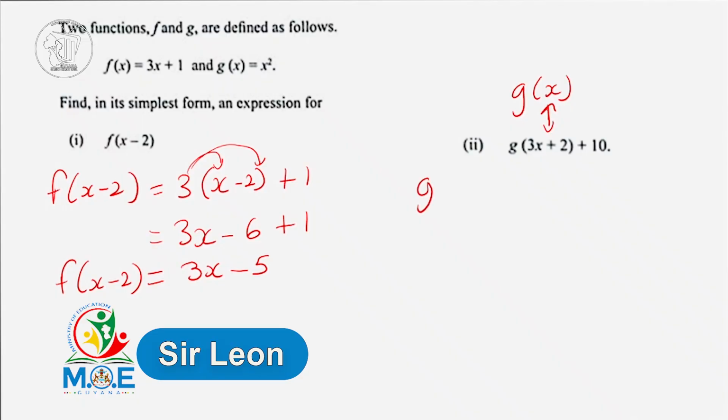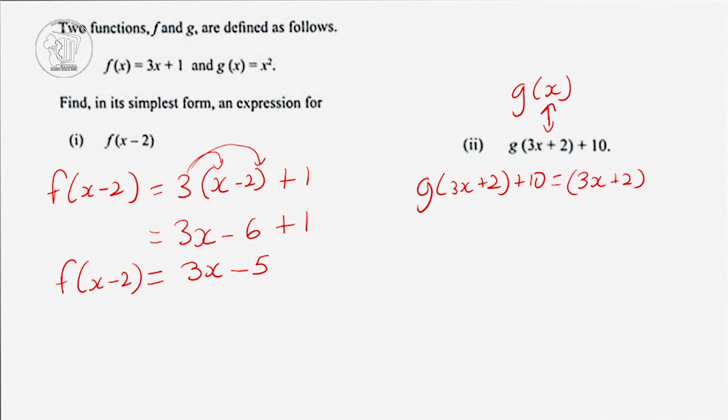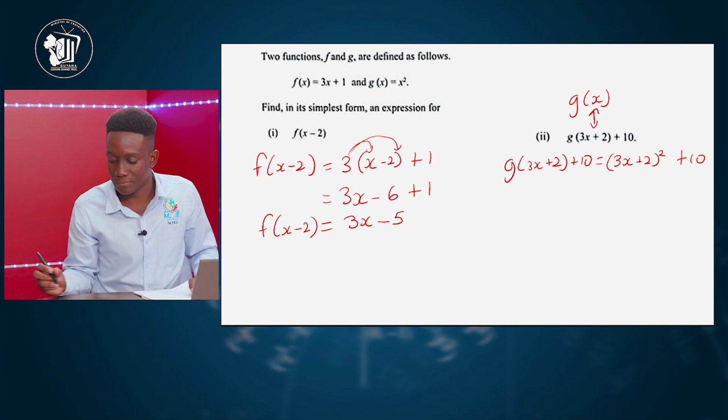Whatever is in the bracket, that is what you're replacing with x. So in this case, g of 3x plus 2, close bracket, plus 10 would be equal to the function g of x is equal to x squared. So this will be 3x plus 2 squared, and then we add the 10.